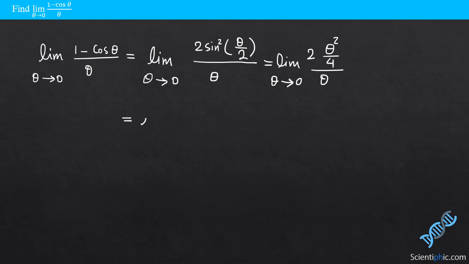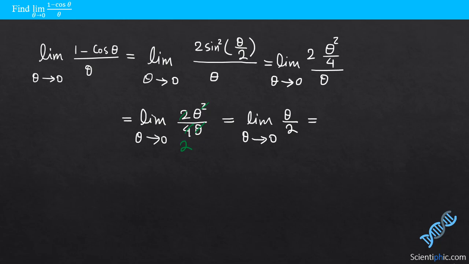That would be the limit of 2 theta squared over 4 theta when theta goes to 0, and then I can write it as the limit of theta over 2 when theta goes to 0. We are gonna substitute theta with 0, so it will be 0 over 2, which is simply 0.